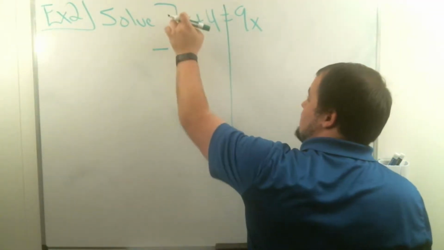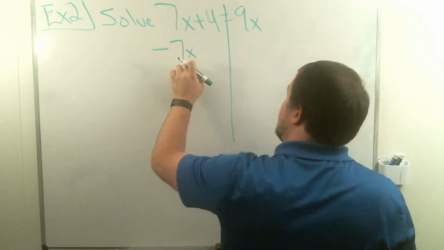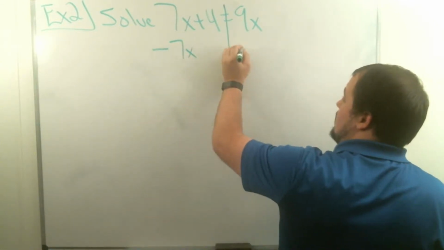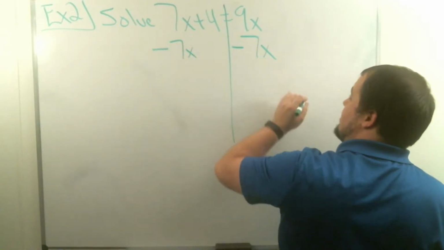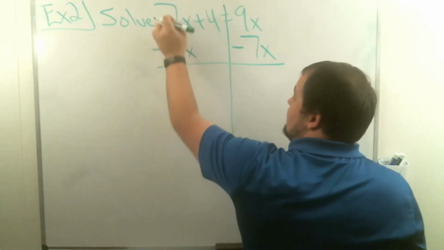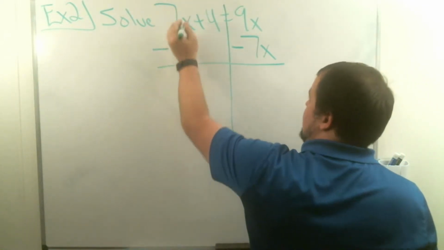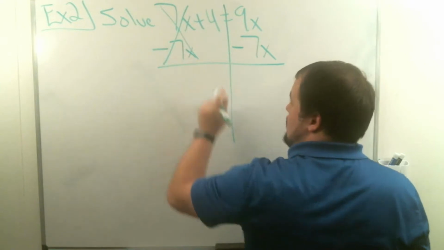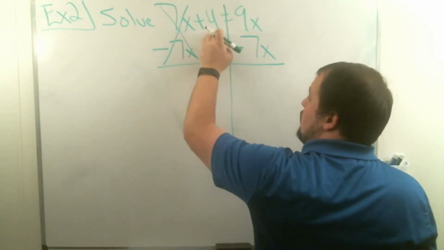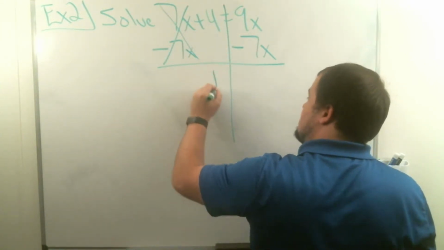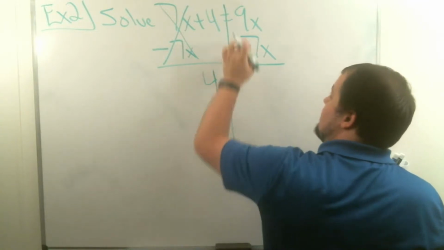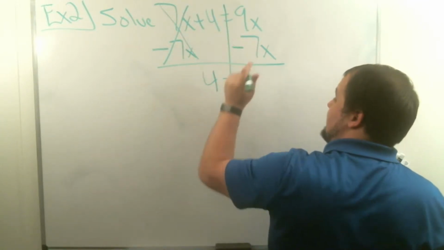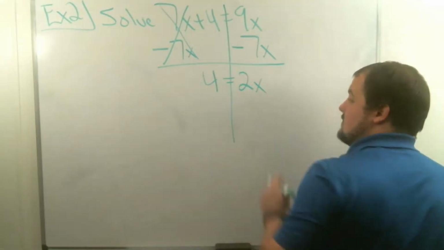And notice that we put x's under x's. If we subtract 7x on one side, we have to subtract 7x on the other side. 7x take away 7x, we have no x's left. 4, not anything happening to it, so we drop it down. 9x take away 7x, we still have 2x.